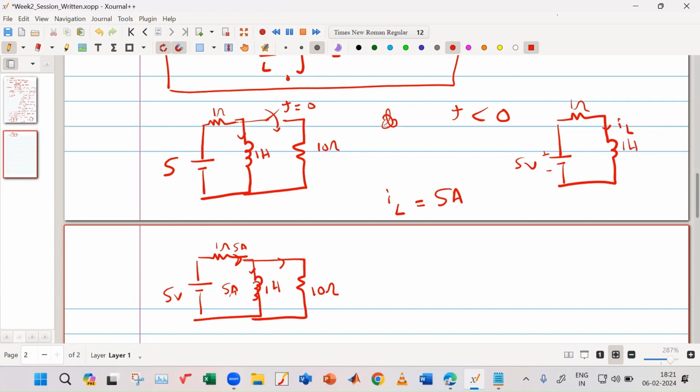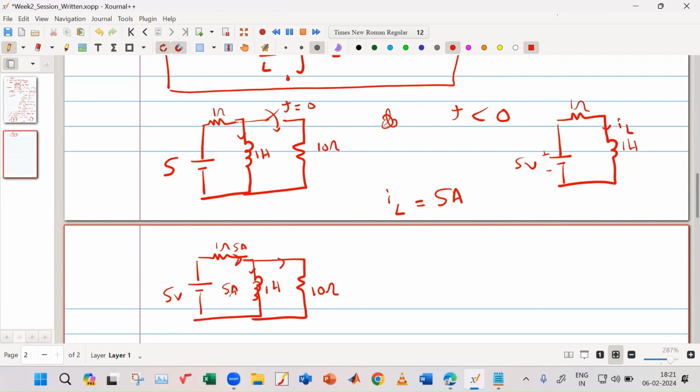But after we close the circuit, this current will not only be 5 ampere. Some current will also flow. No, sir, the current will prefer the short circuit path. The inductor is fully charged. It is at its steady state position.